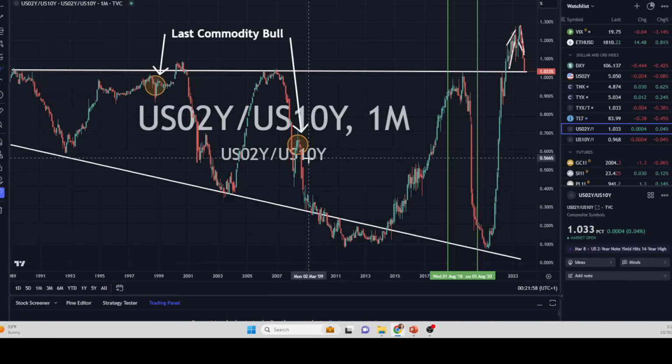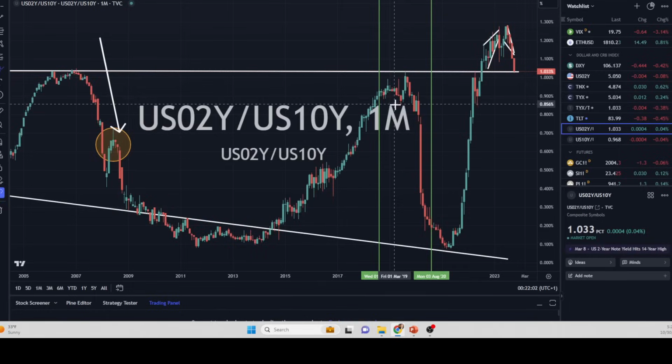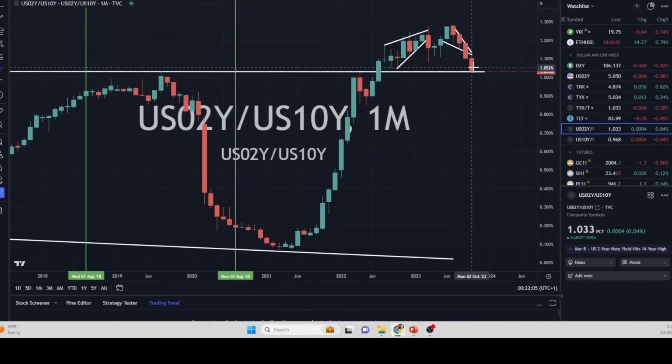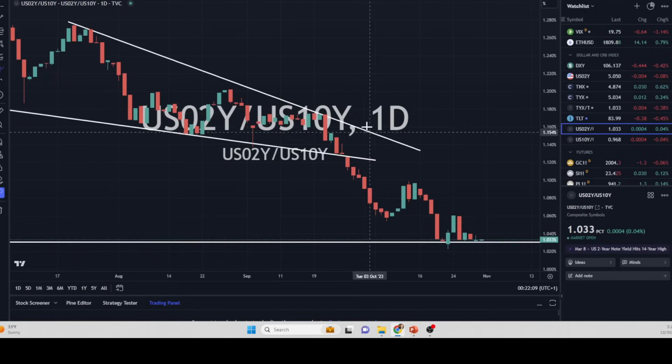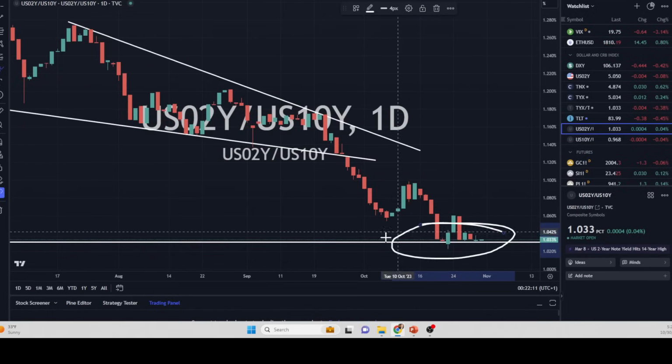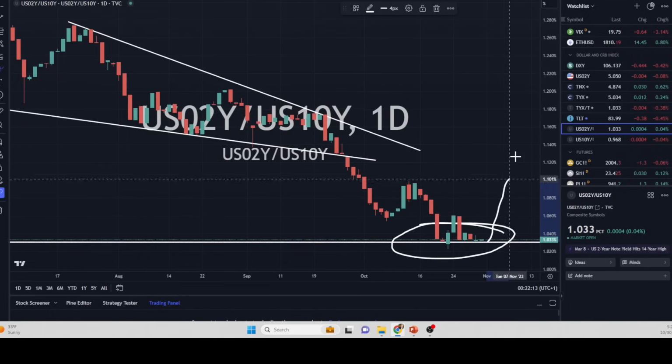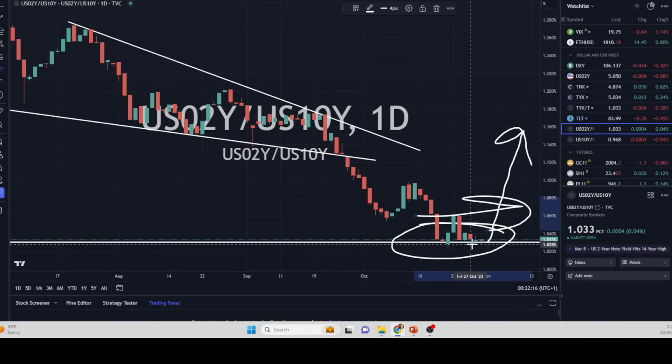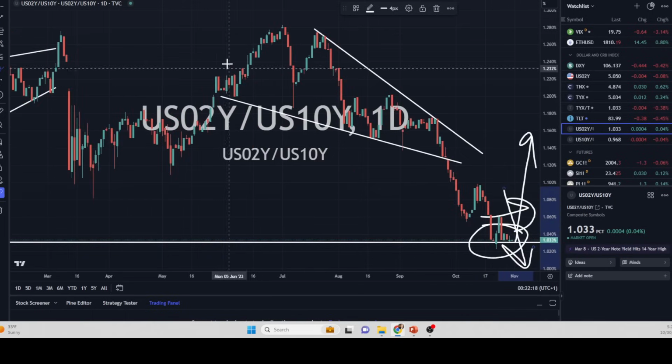Now, you can go and look at these things and say, okay, where are we at in this cycle? Well, someone's going to say the yield curve is uninverting and we're going to get a crash. Well, it's possible. It is uninverting and we're right on support here. It's right on top of it, and we'll see if we get a bounce higher, or if we go sideways, or if we break to the downside.